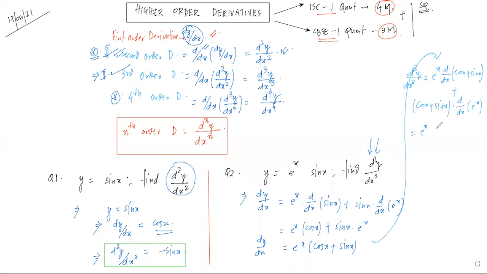That is first function. This will give me minus sin x plus cos x. That is, I differentiated this part. So d/dx of cos x is minus sin x and d/dx of sin x is just plus cos x.